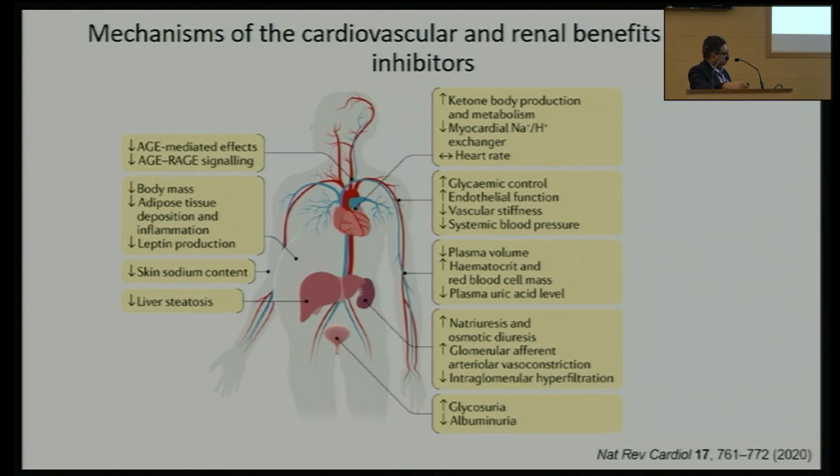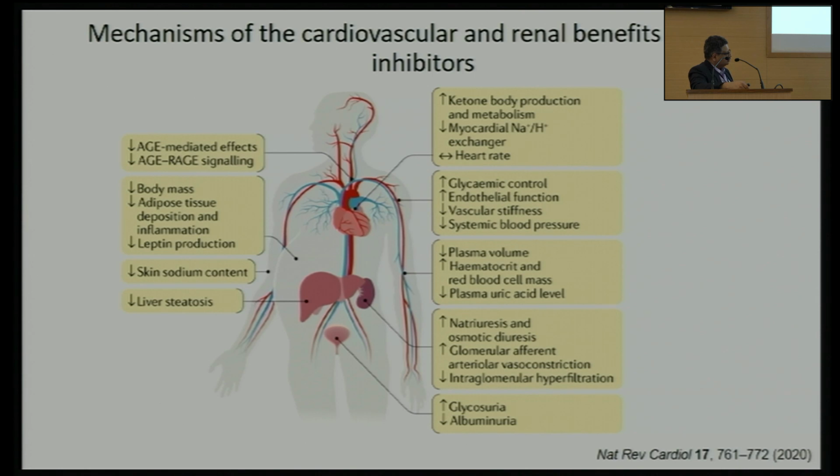Second, it reduces the weight of the patient by volume contraction, and by caloric burn because of glycosuria. Third, we can see the lipid metabolism shift. That is because of relative glucose deprivation of the tissue.